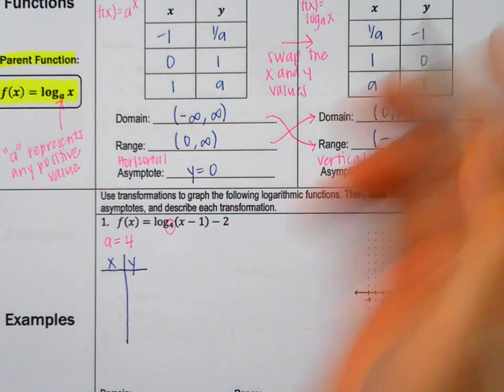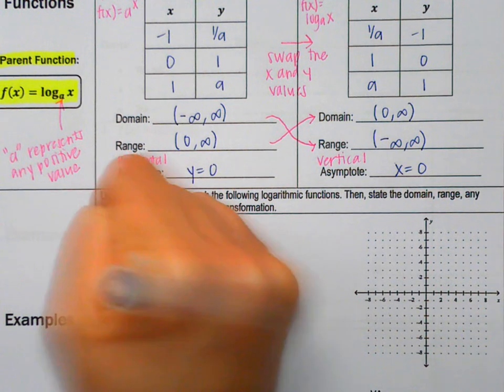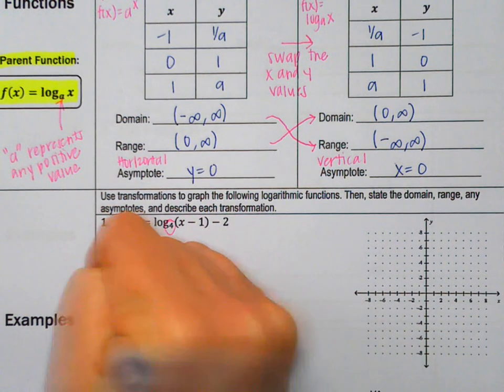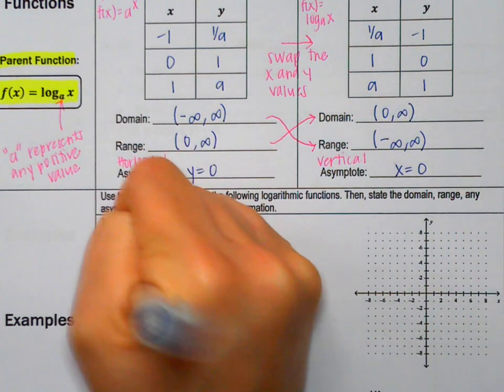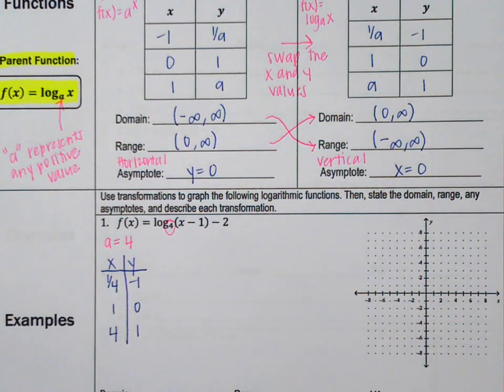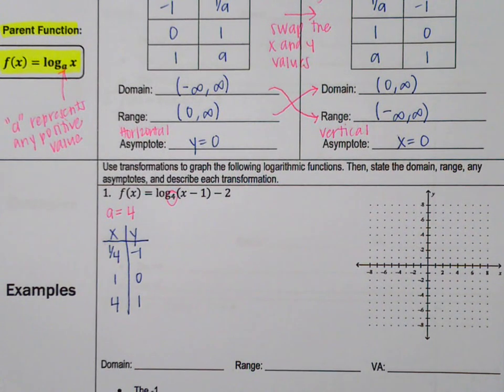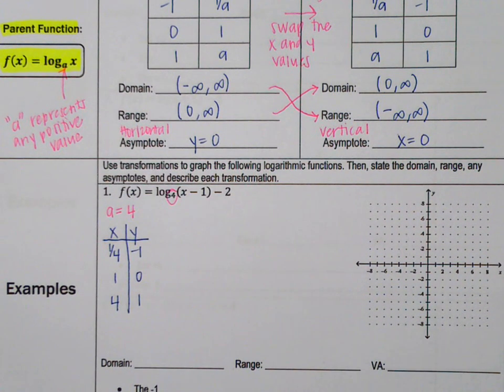My x values are going to be 1 over 4, because a in this case is 4, then 1, and then 4. And my y values are going to be -1, 0, and 1. Typically, our x values are the ones that are unchanged, but since we're swapping, the y values are really the ones that remain unchanged. They're always going to be -1, 0, 1 for our parent function.